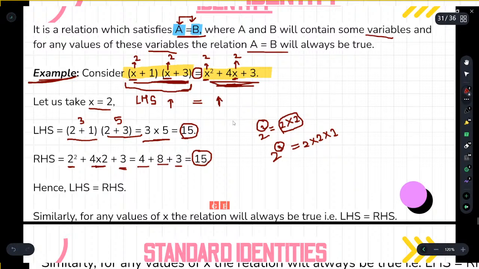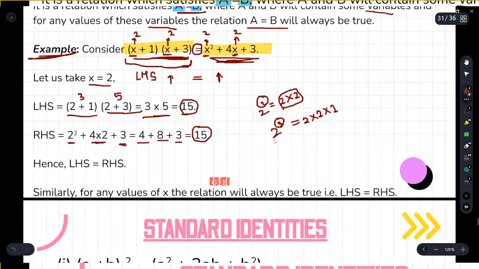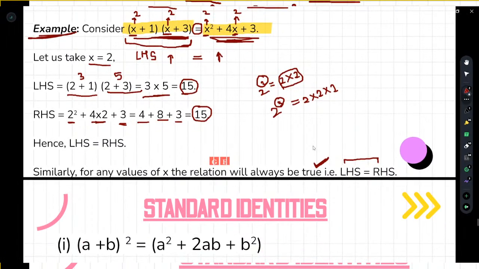This is my identity. Similarly, for any values of x, the relation will always be true, because LHS will always be equal to RHS, or the left hand side of the equality sign will always be equal to the right hand side of the equality sign.